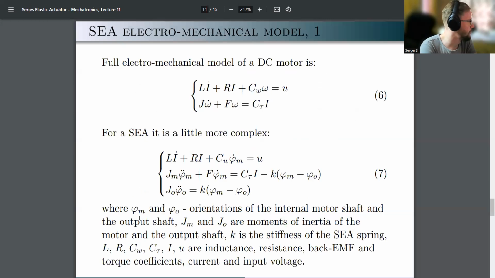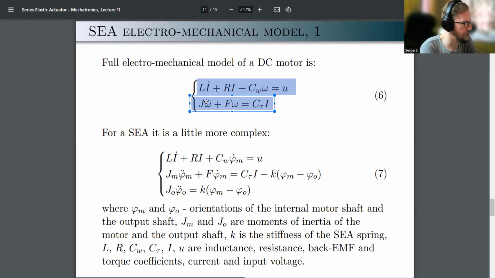Now let's consider for a little bit the electromechanical model of a series elastic actuator. So let's say we have this as a model of our DC motor. So this is, remember, Kirchhoff's law.